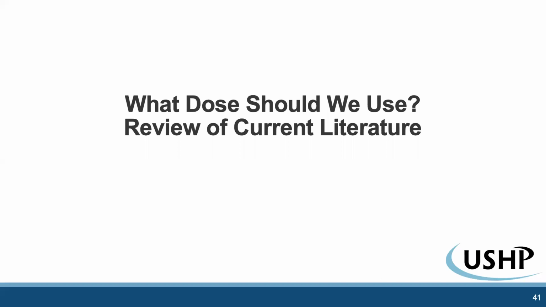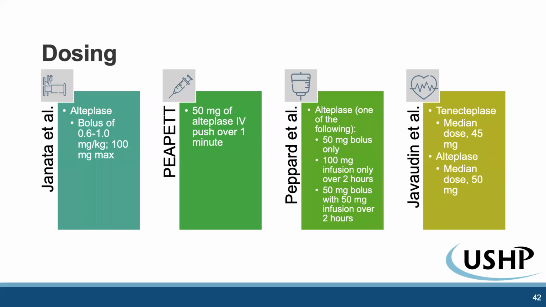And so just reviewing the literature that we just went through, and the dosing schemes that were used throughout. When looking at this slide, one of the key takeaways is that with alteplase, our dosing consisted primarily of a 50 milligram push, in which we have examples of it being pushed over 1 minute. We also have examples of bolus versus infusion, or the combination of bolus and infusion.